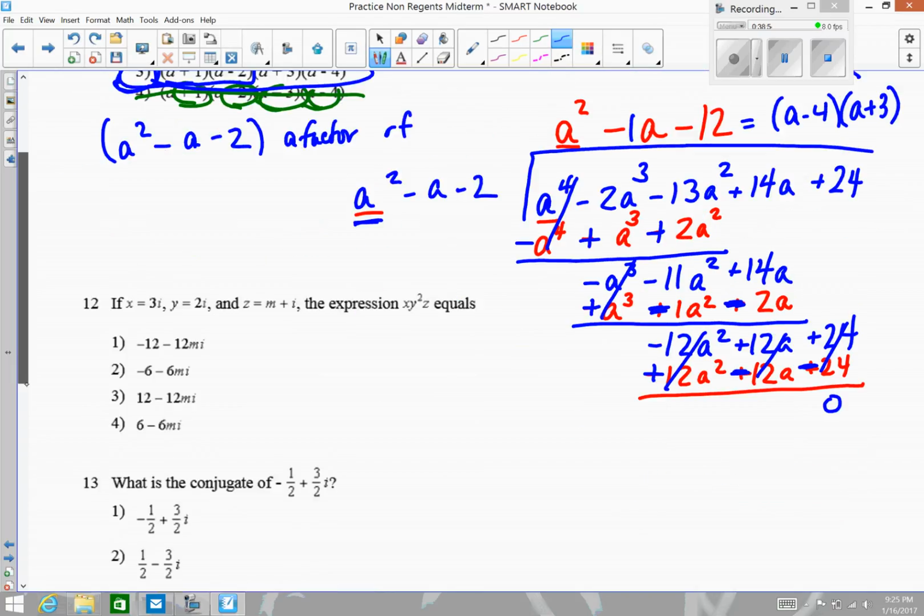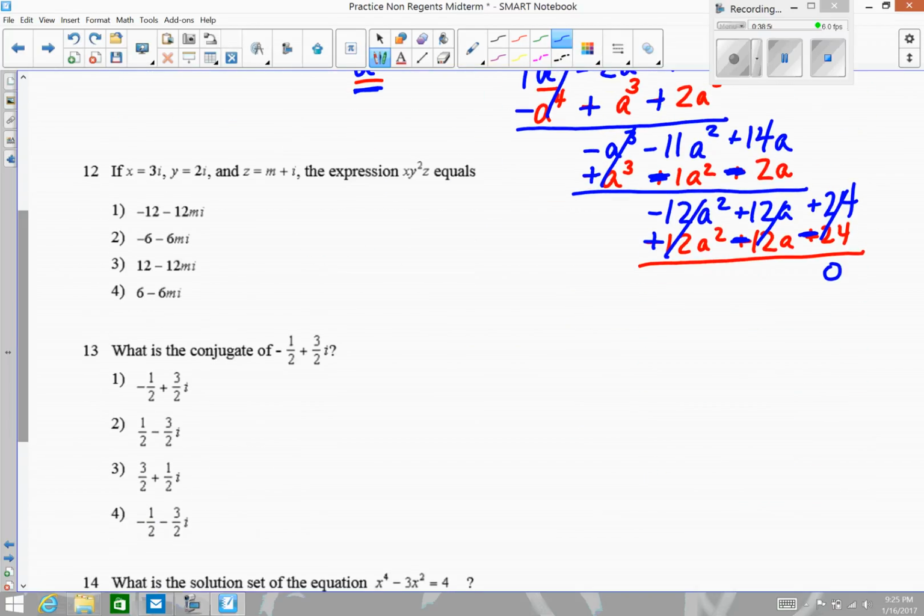Moving on now to number 12. We want to figure out what xy squared z is equal to. Well, x is equal to 3i, so we're going to substitute in 3i. Y is equal to 2i, but y needs to be squared, so we're going to have to square that, and z is equal to m plus i.